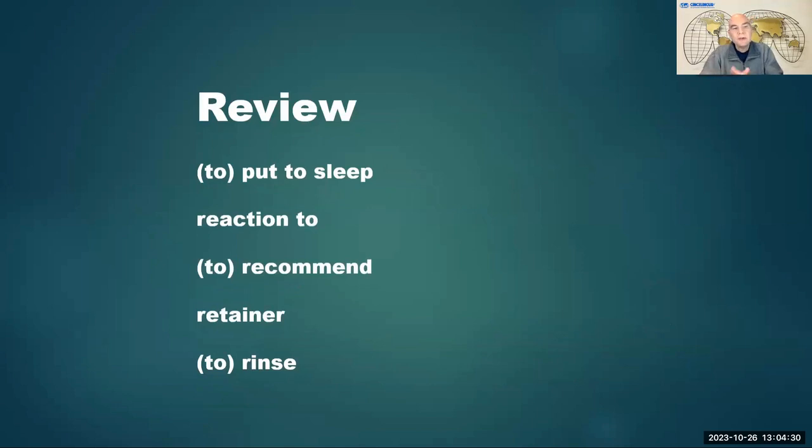All right, so we have looked at 5 vocabulary words and phrases related to making and keeping a dental appointment. And we began with to put to sleep. To put to sleep means to cause somebody to sleep.